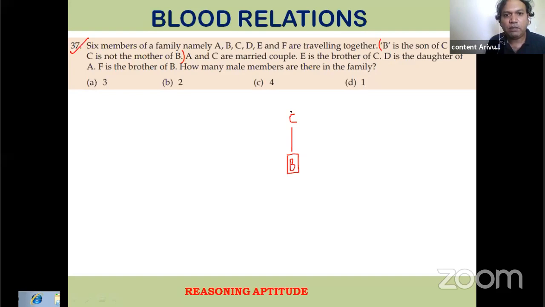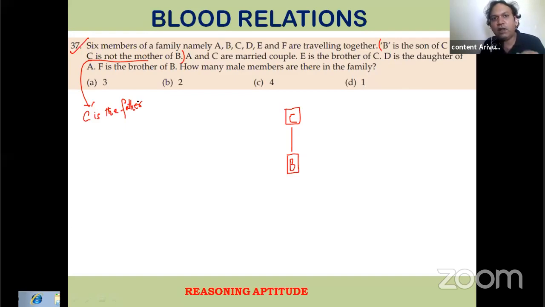If C is not the mother, that means C must be the father. Because B is the son of C, C has to be mother or father. If C is not the mother, that means C is the father. So C is a male.